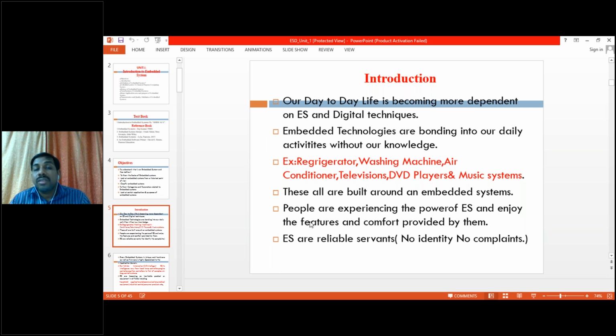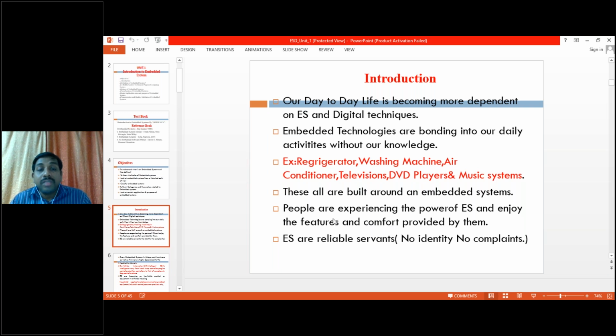Its features. What are the features? A washing machine is used to wash the clothes as well as dry the clothes. So cleaning, rinsing, and drying is done in the washing machine chamber itself, the stainless steel tub. And we are studying the features of an embedded system.